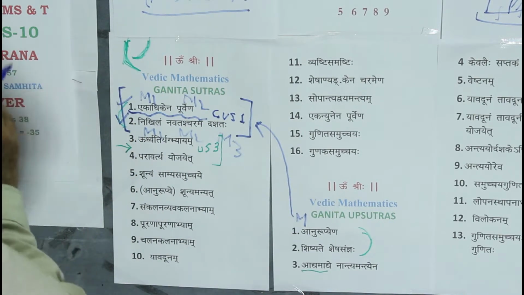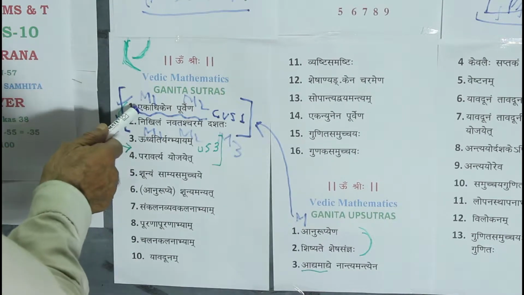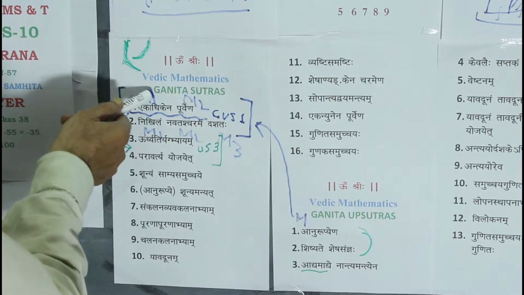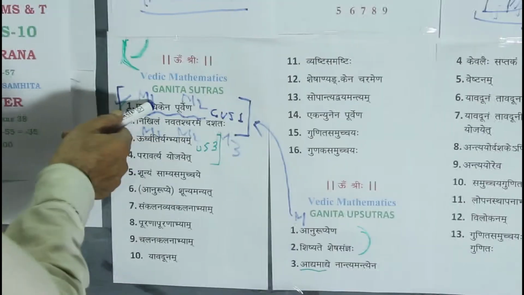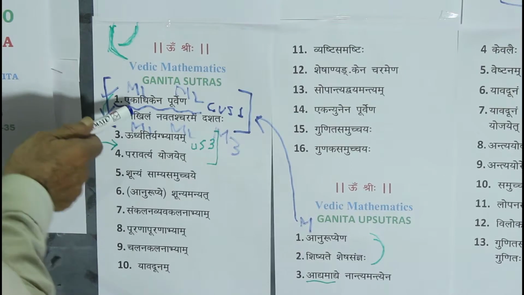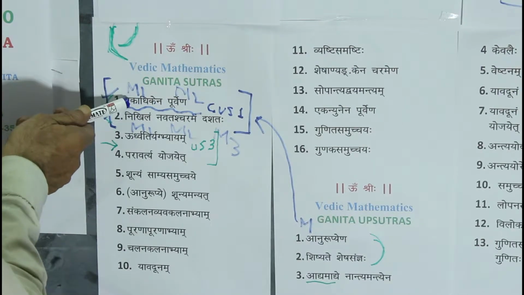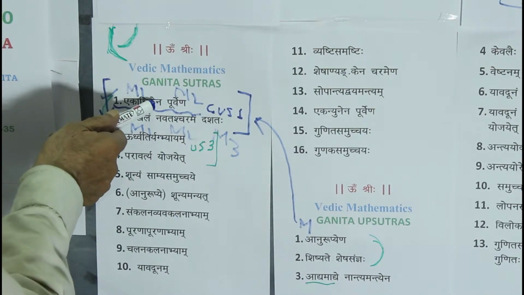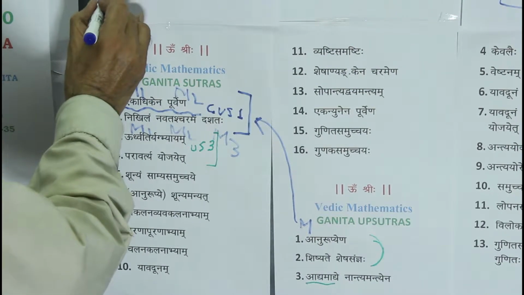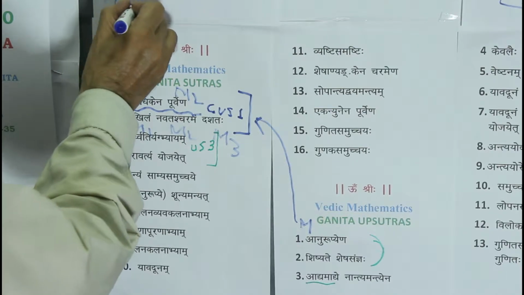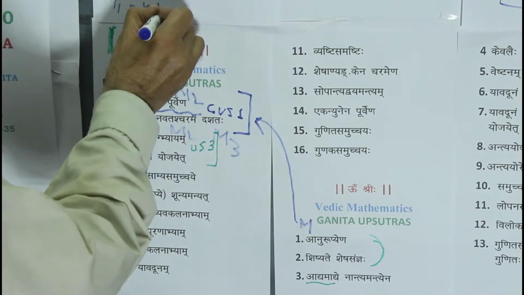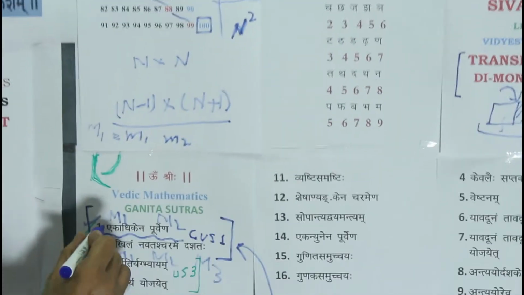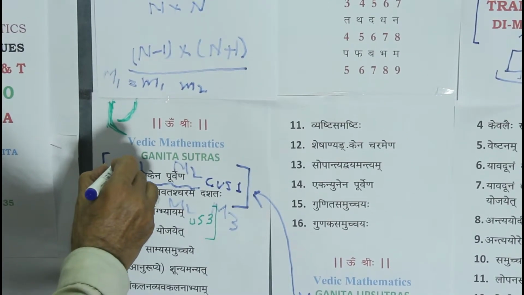Now we see that the Ekadhikena formulation itself, this monad itself, is in fact a dimonad because it is Eka and Adhika. There are two sub-formulations here. So this M1 in fact is a dimonad. So this dimonad of Ek and Adhik is making it so. Therefore this monad in fact is a dimonad.